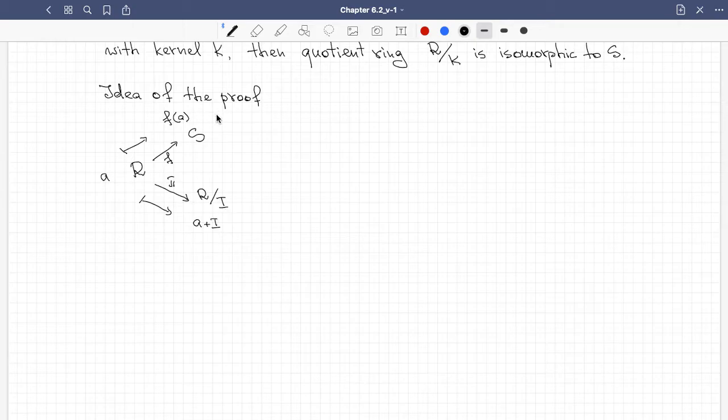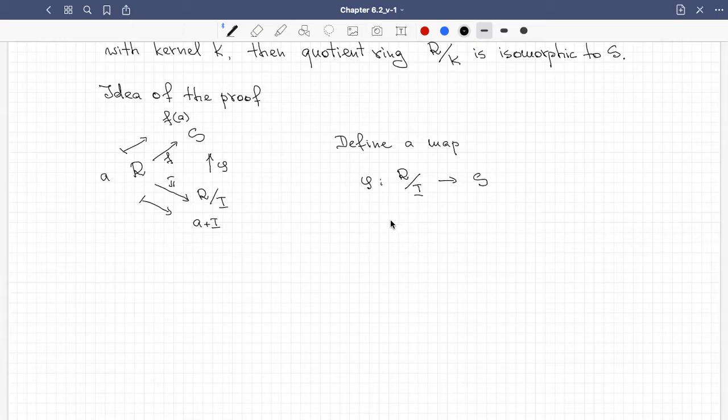Now we define a map, which is called phi in the book, from the quotient ring to the ring S. So this is the arrow, which is going to be phi, the map from here to here.